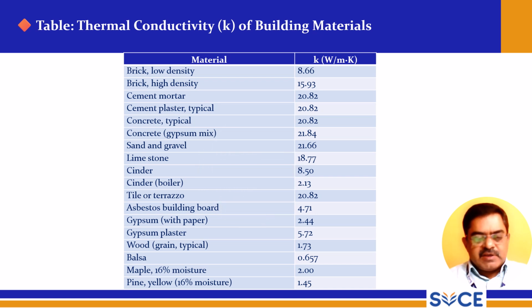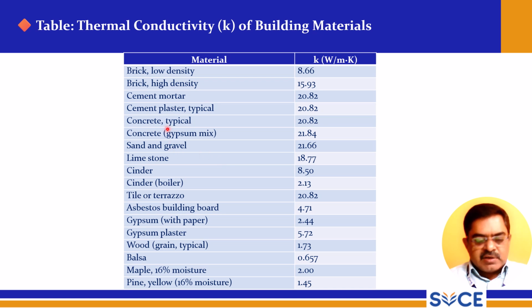So, thermal conductivity K of building materials. So brick low density, the thermal conductivity is 8.66, and thermal conductivity is very high in the case of these places. That is cement mortar, and cement plaster, concrete typical, and sand and gravel.